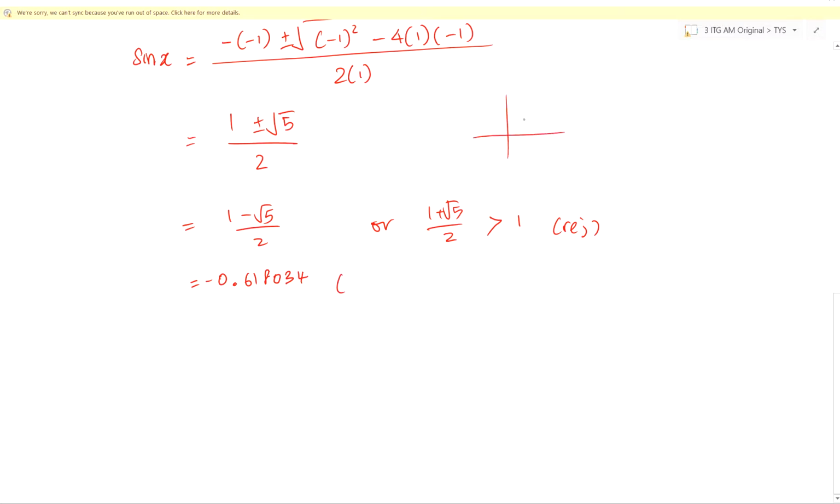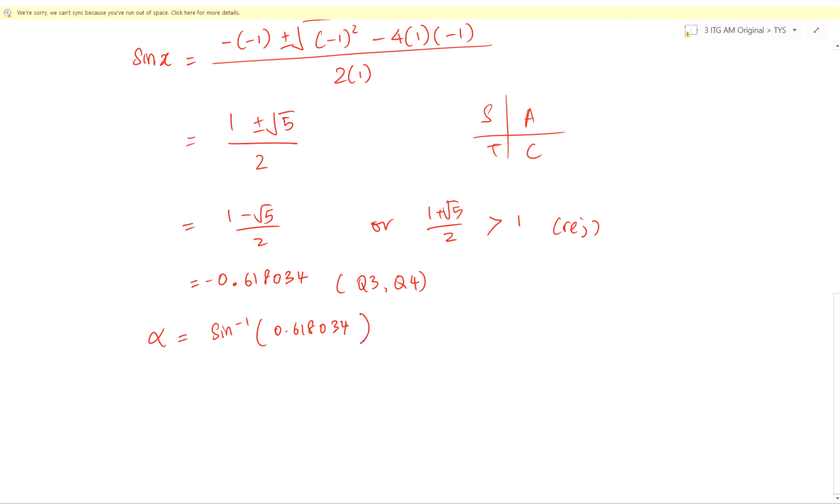So using our ASTC, we know that the angle x is going to lie in the third and the fourth quadrant, Q3, Q4. Our basic angle, alpha, we take sine inverse of 0.618034, or you can take sine inverse of negative of this value.